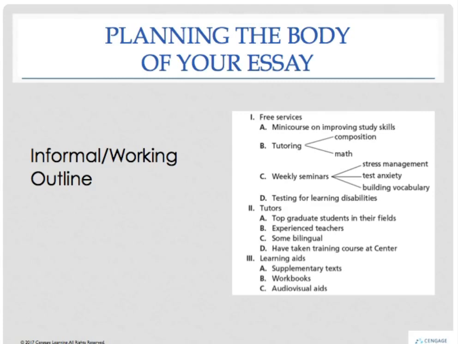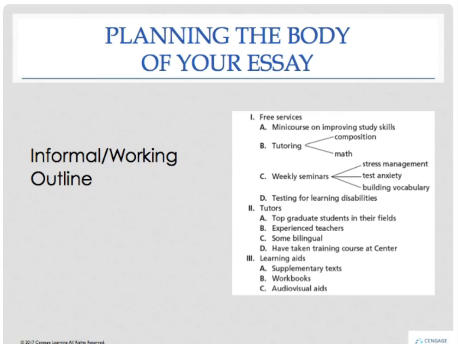When you begin to plan the body of your essay, it's usually a good idea to create at least an informal or a working outline where you note each main topic that you want to cover and then each paragraph and what each paragraph will cover. So for example, in the example here, we're looking at free services, which is the main topic.